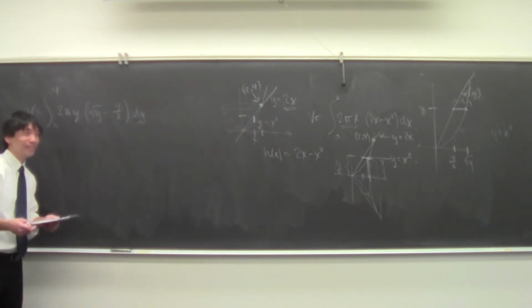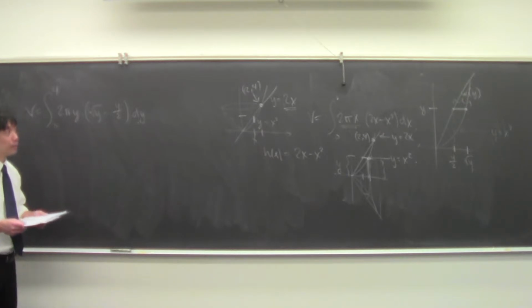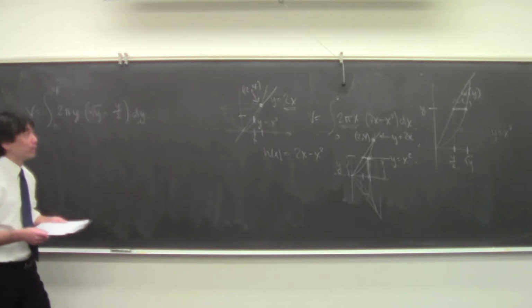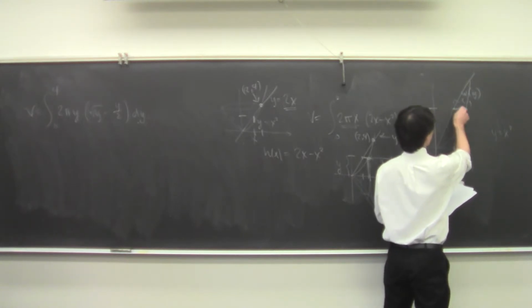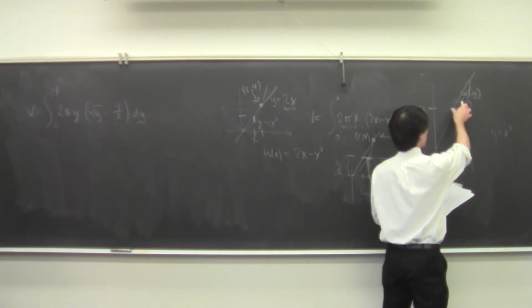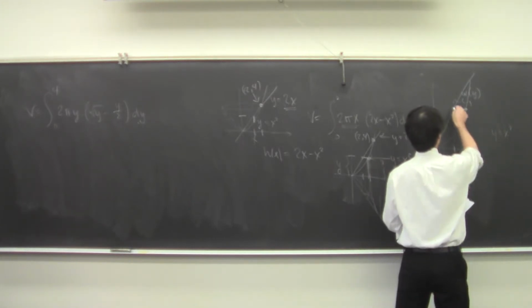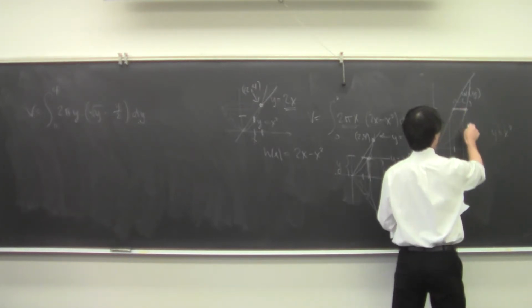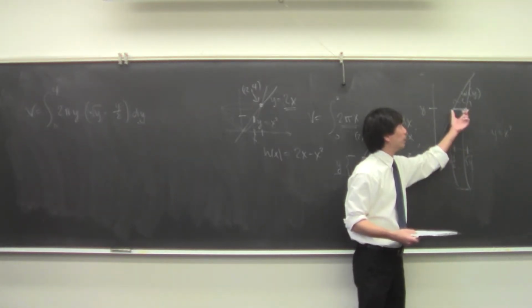Do you have a question? I'm just confused on how it's the right minus the left. The right minus the left, because you want to figure out this length, which is what we were calling the height of the shell. How do you figure out this length?